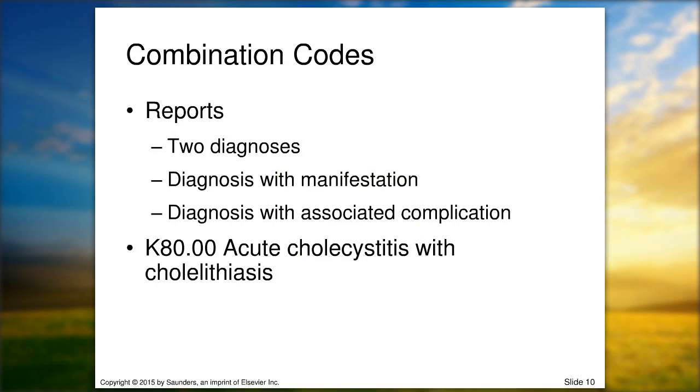Your combination codes, 87 in your step-by-step book. These report two diagnoses, usually a diagnosis with manifestation or a diagnosis with an associated complication. K80.00, acute cholecystitis with cholelithiasis. That is a combination code.